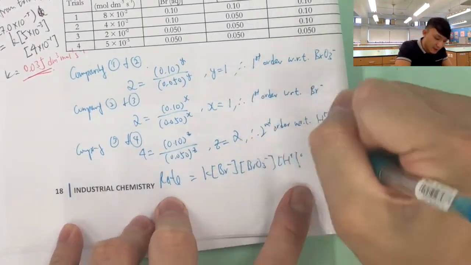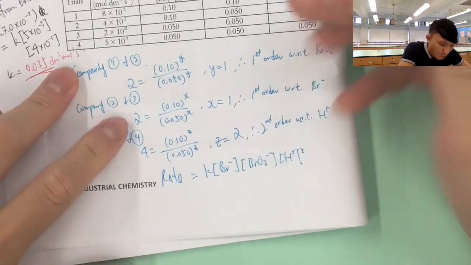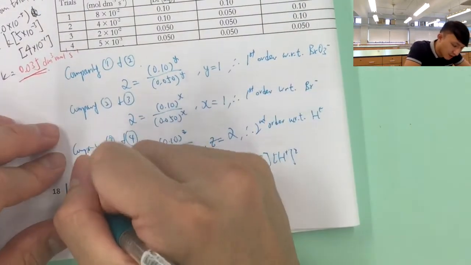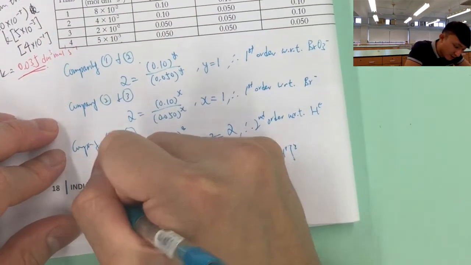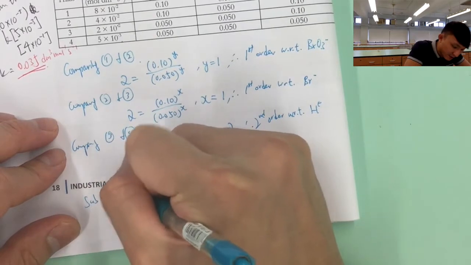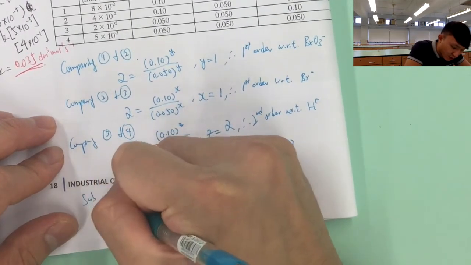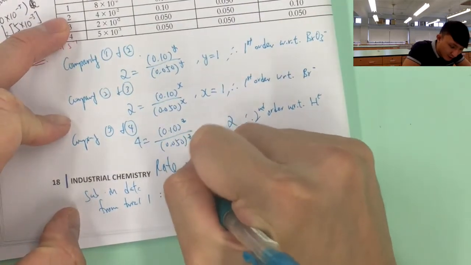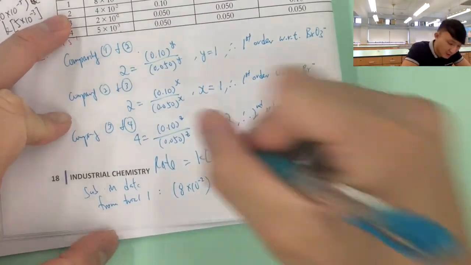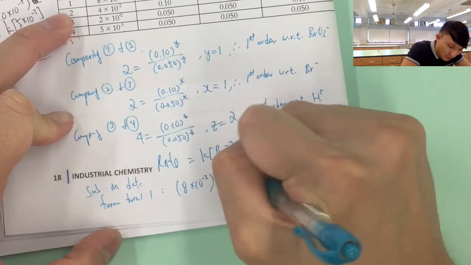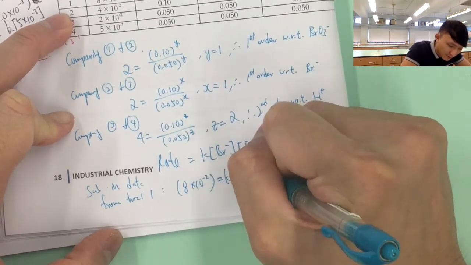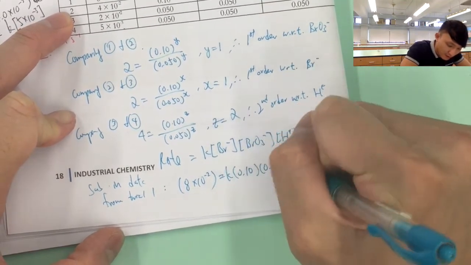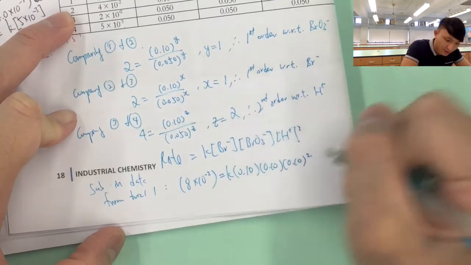Okay. I will use one set of data, so sub in data from trial 1. So we have the rate equals k times 0.1, 0.1 squared.